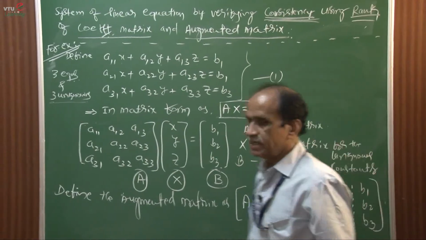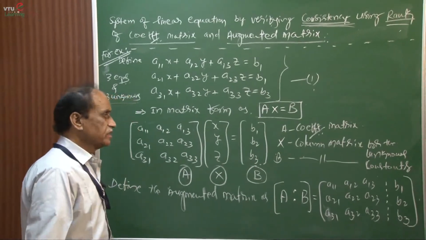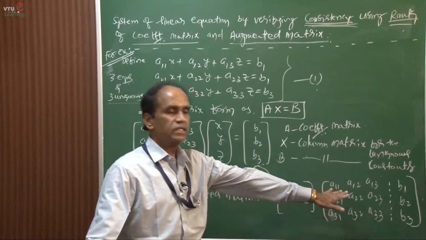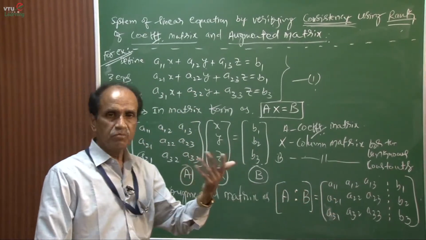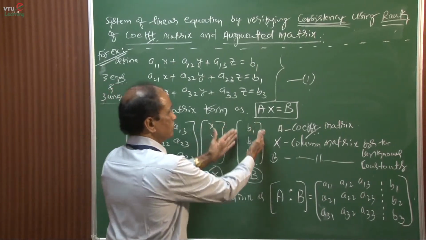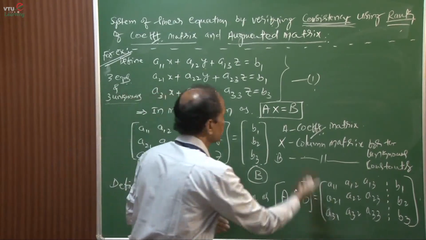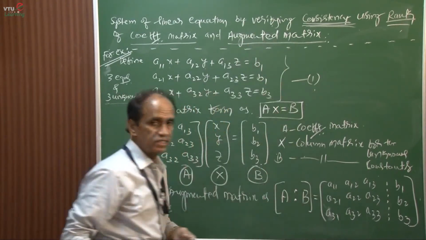Some authors use this symbol to represent the augmented matrix, some authors use other than this type. Both are okay, but the column for the constants is to be inserted in the coefficient matrix to make it the augmented matrix. That's the meaning.